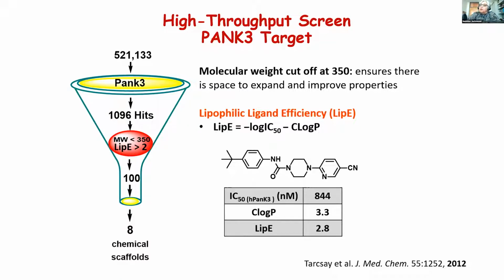Out of this, there were 1,000 compounds that were identified as potential modulators of the activity. We knew this was possible because through the years, we've actually found naturally occurring activators of pantothenate kinases, namely long-chain acyl carnitines and acyl ethanolamides.